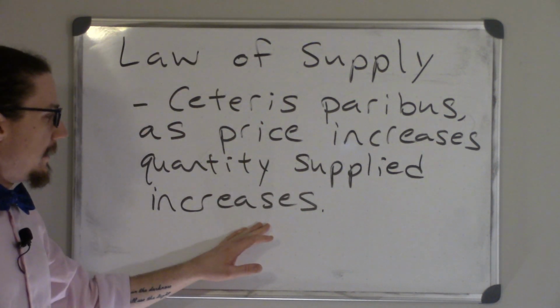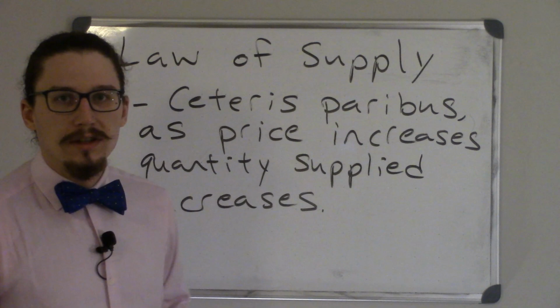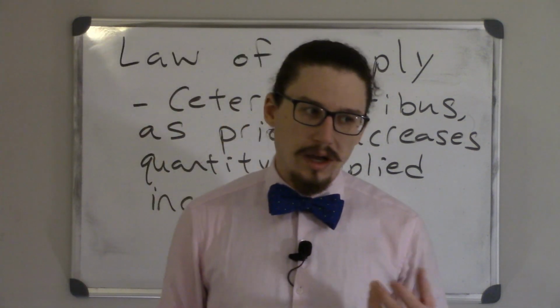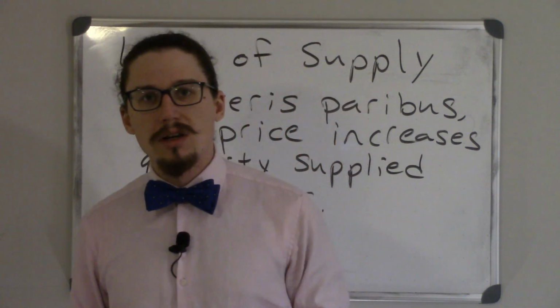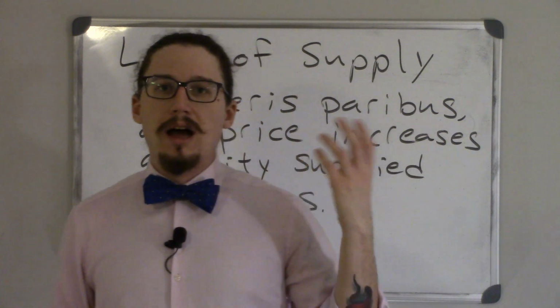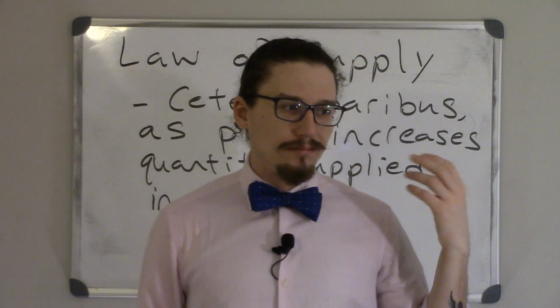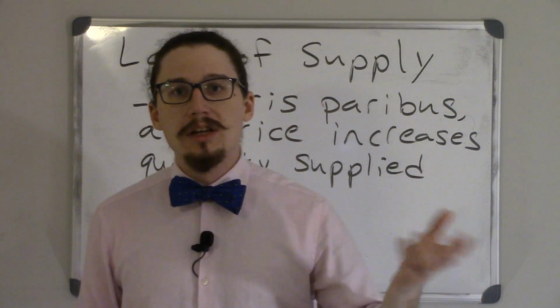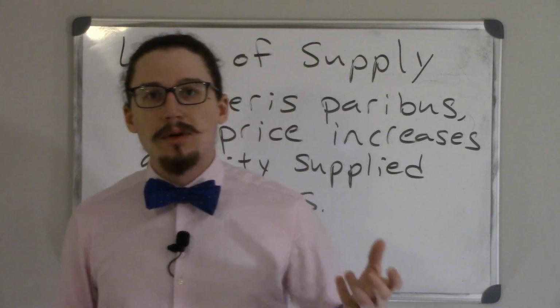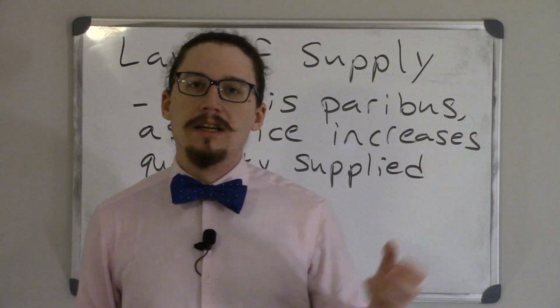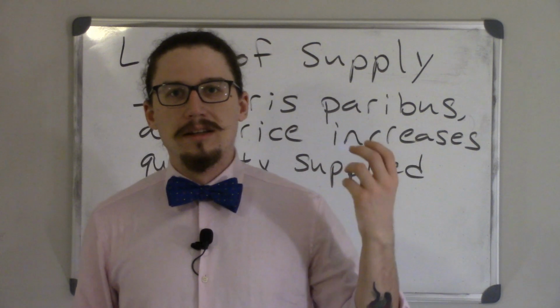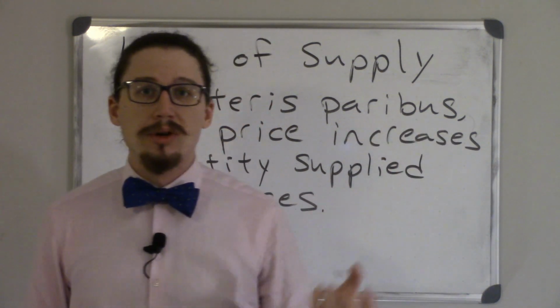Not all producers have the same costs. Different producers have different costs. Some might have access to specific types of machinery or technology, capital in general, that makes it more efficient and therefore cheaper to produce this good.